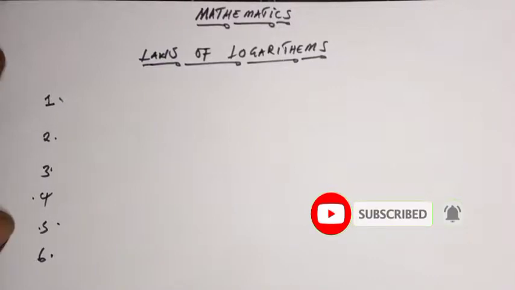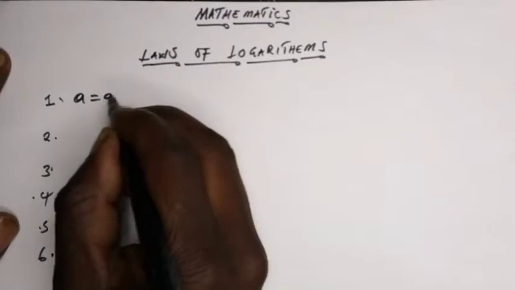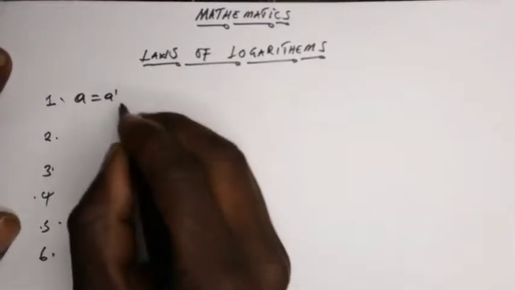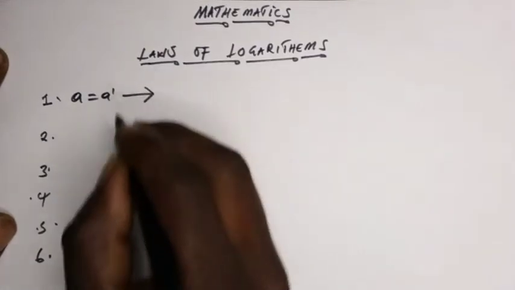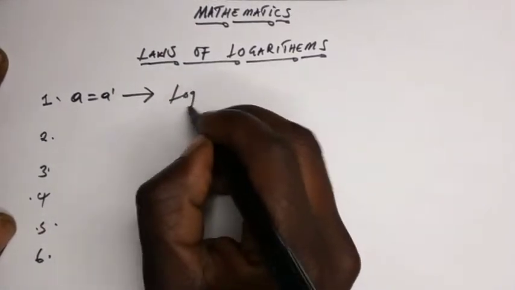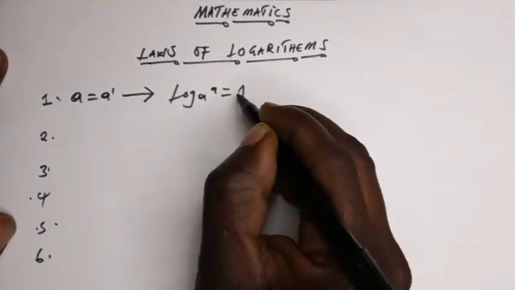Law number one: if you have a, you can represent it as a to the power 1. In a logarithm, this is in index form. In a logarithm, it will be log base a of a, which is equal to 1.